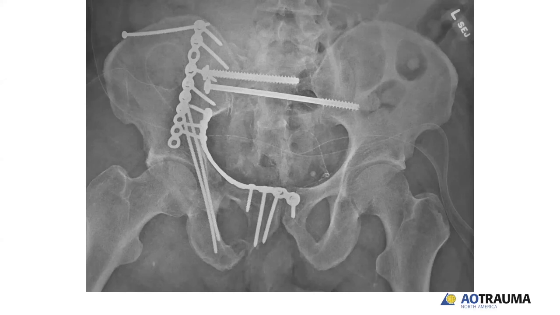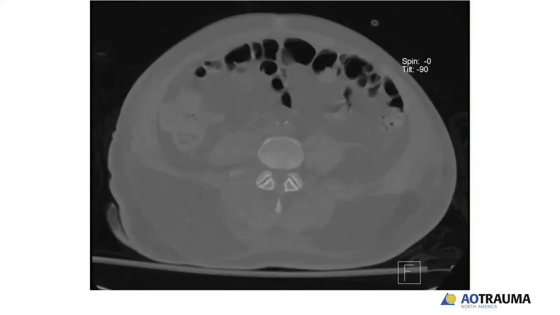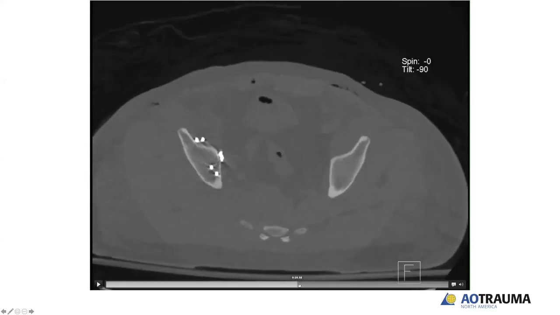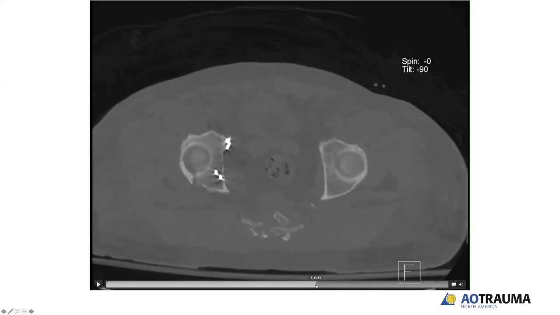So just looking at the CT, I'm a little concerned about maybe just a little external rotation of the ilium, but whether or not it's going to fit in, I've done it before, and I can tell you that it's really not very satisfying when you go back there and it doesn't fit in perfectly.